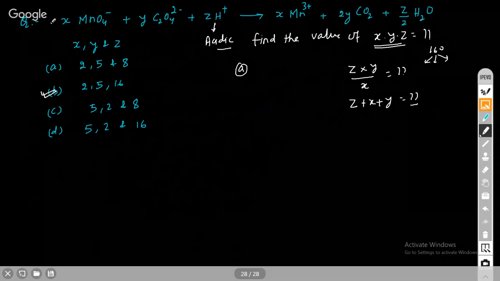Then you will get the values of x, y, and z, and accordingly you will find the expression. You understood this? Is it clear?